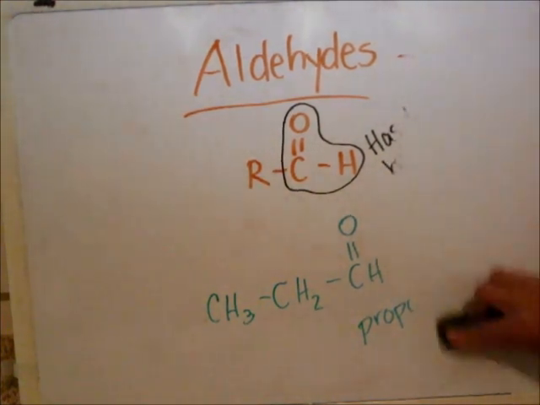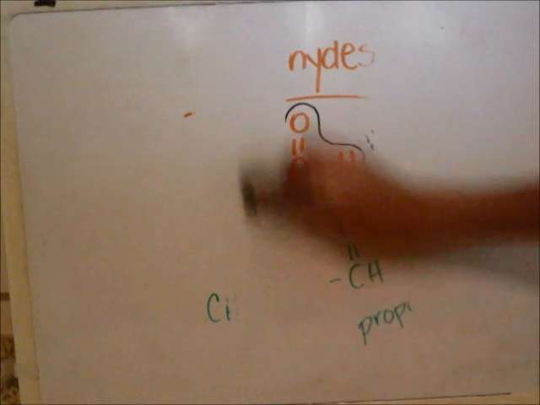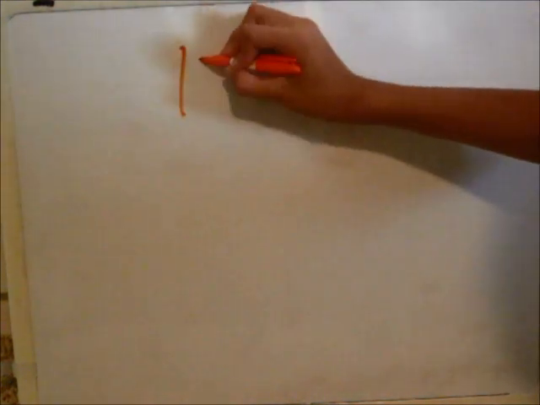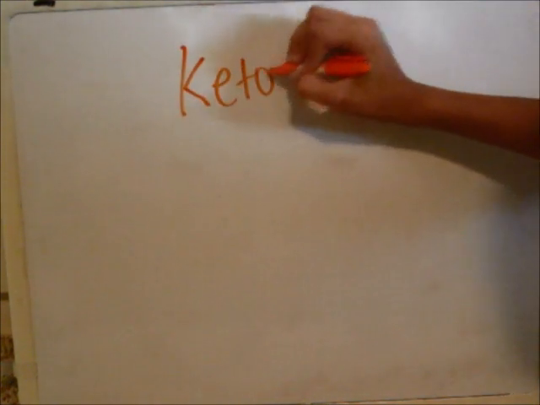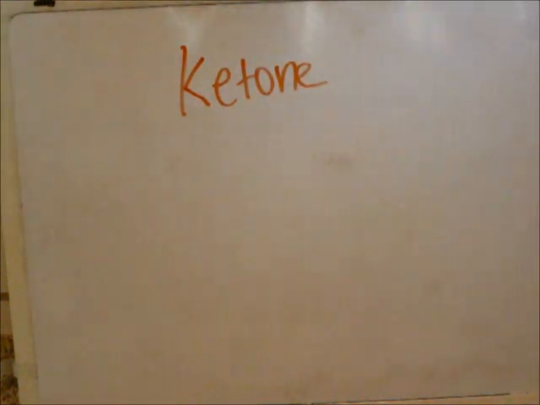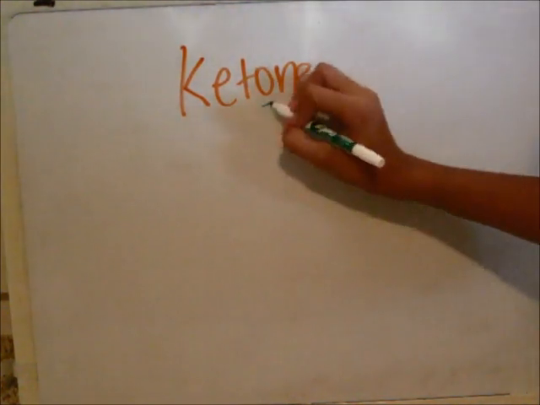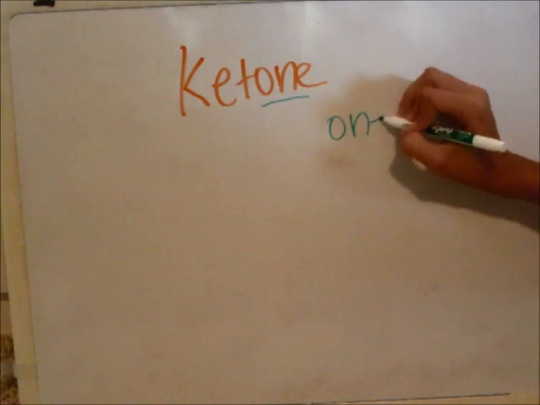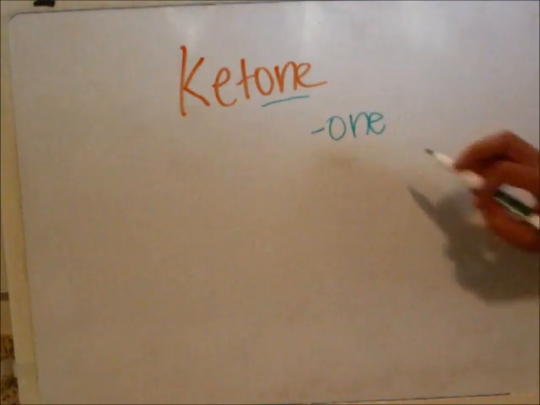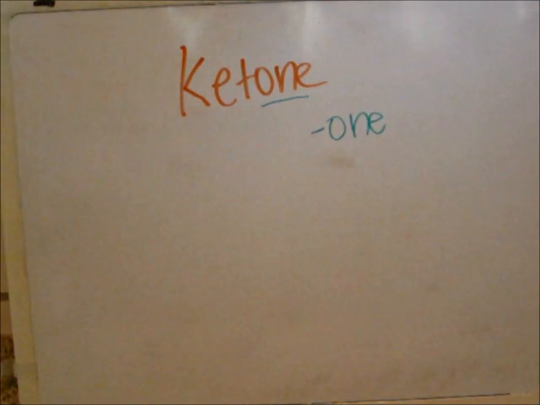And now, let's talk about aldehyde's cousin, the ketone. It's very similar to an aldehyde. A ketone, the ending is one, not own.